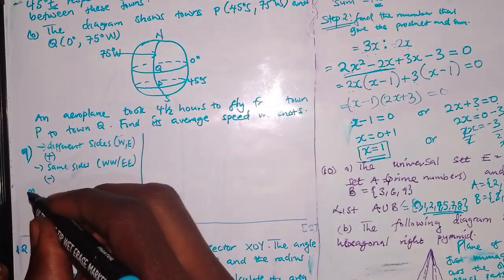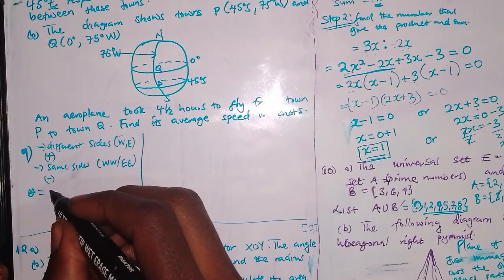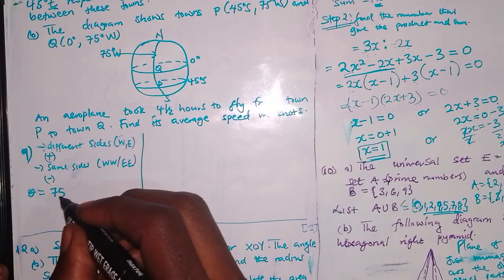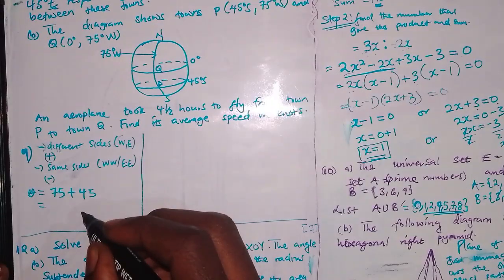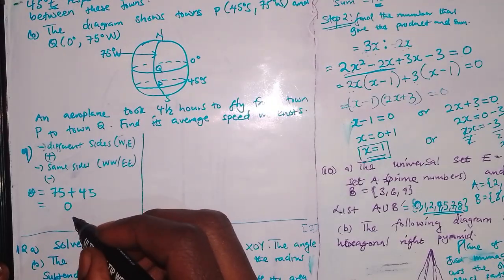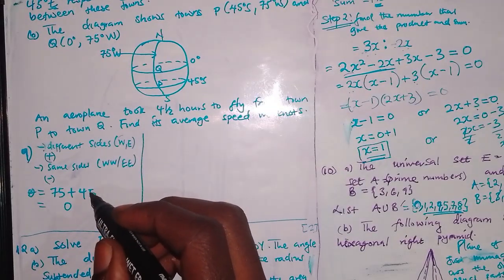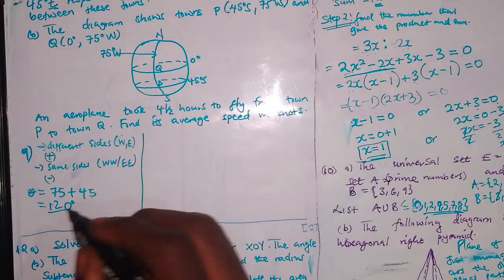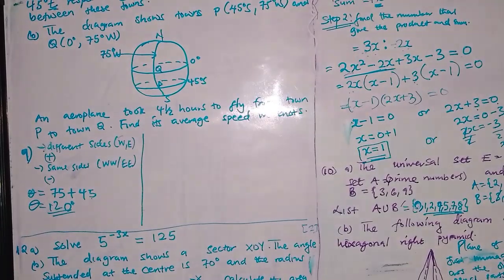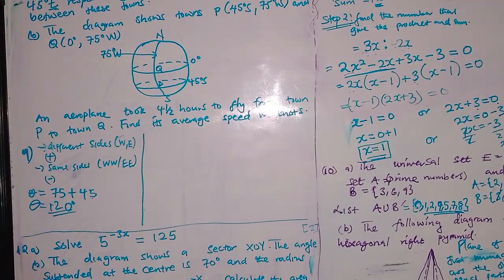So the difference in longitude will therefore be 75 plus 45, which gives us 120 degrees. So this is our difference in longitude.